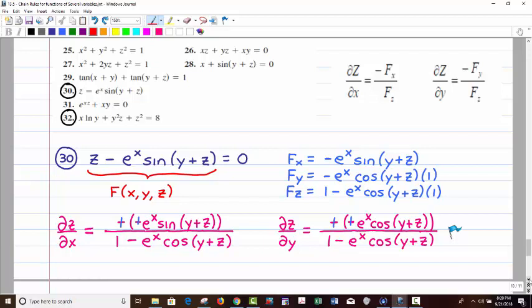How about this number 30? z equals e to the x sine of y plus z. So I went ahead and brought the right side over to the left side and made it z minus e to the x sine of y plus z.